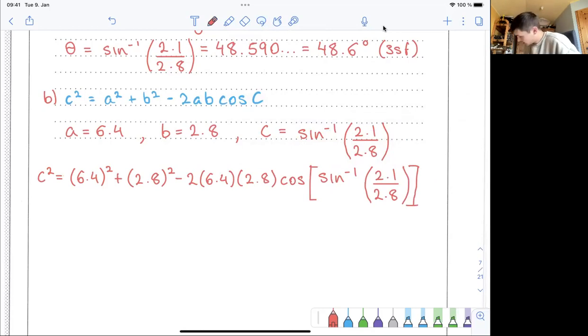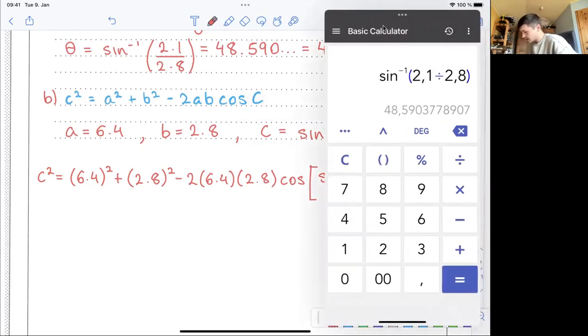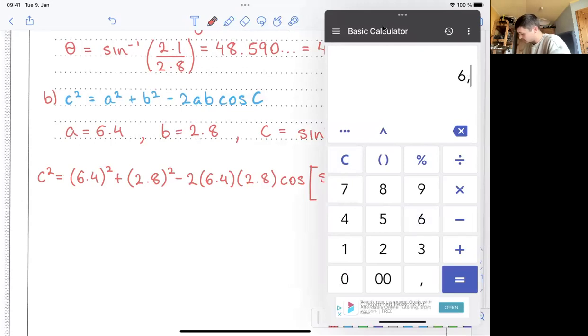All right, nice. So let's put this all into our calculator, and then we'll have to square root it to find c, and that will be our answer, right? So let's go through. So 6.4 squared plus 2.8 squared minus 2 times 6.4 times 2.8.